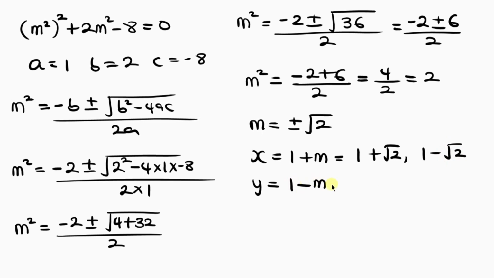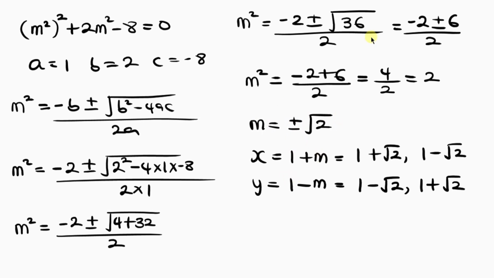So do the same thing for y. When m is the positive root 2, y will be 1 minus root 2. And when m is minus the square root of 2, y will be 1 plus root 2. So this is the value for x and y when we substitute the value for m.